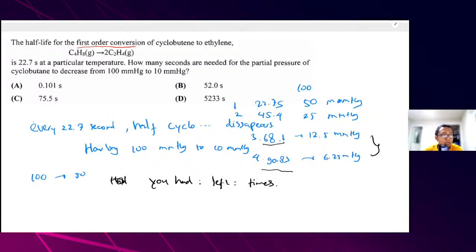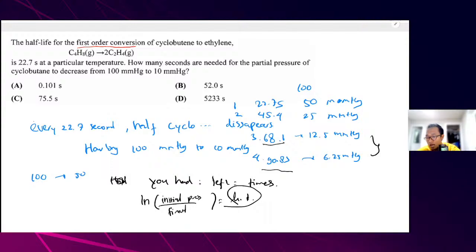In the math formula, ln of initial pressure divided by final pressure equals kt, where we know k and need the time t.